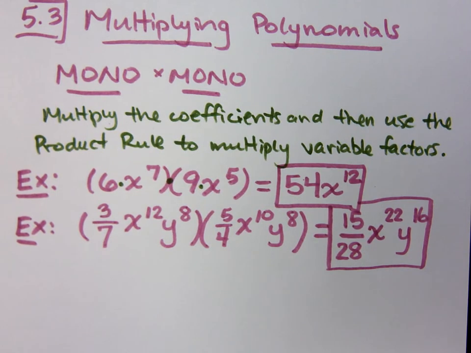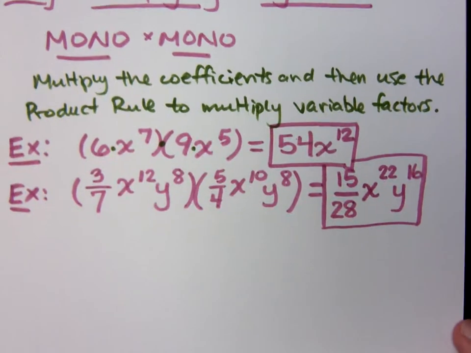What if you had, for example, 3/7 x to the 8th, y to the 12th, and then you had a negative 2 exponent on the outside? Would you flip the 3 and the 7 for the reciprocal? That's a good question.